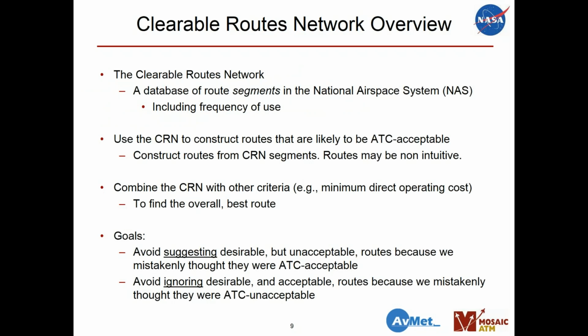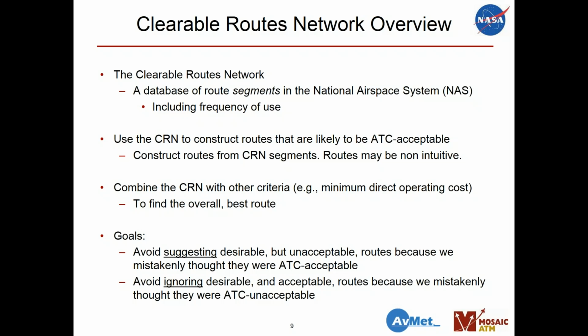The Clearable Routes Network is a database of route segments in the National Airspace System that have been generated from historical analysis, and they include frequency of use of each of those route segments and other characteristics. And it's important that when we say route segment, we're really talking about smaller pieces of a route from one waypoint to another, not an entire route from origin to destination.